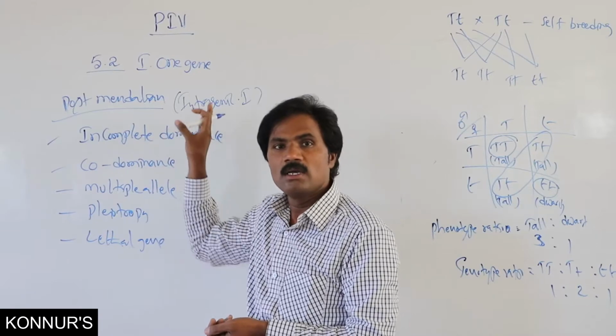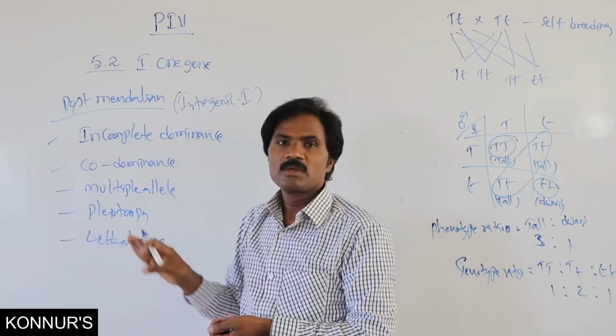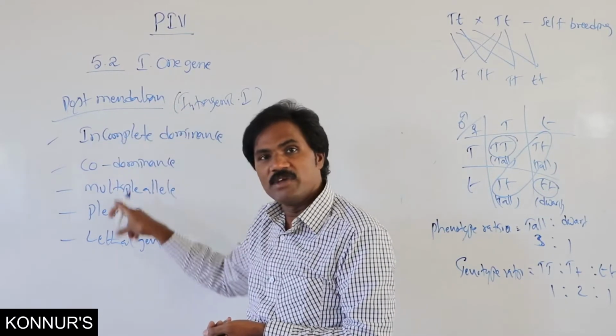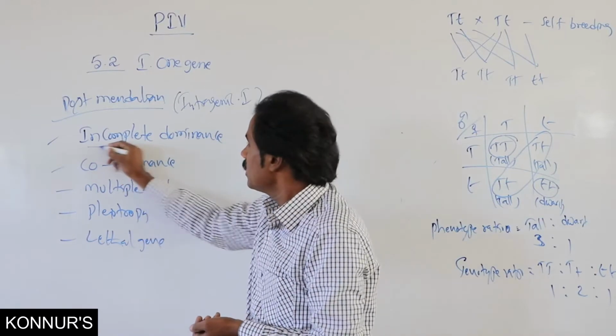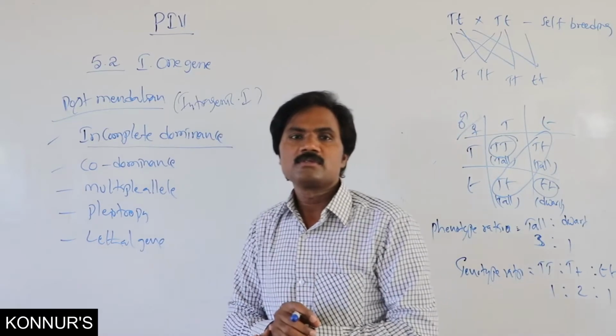According to Mendel, the law of dominance influences the progeny. But this law of dominance in a single gene is deviated here. That is incomplete dominance. What is incomplete dominance?